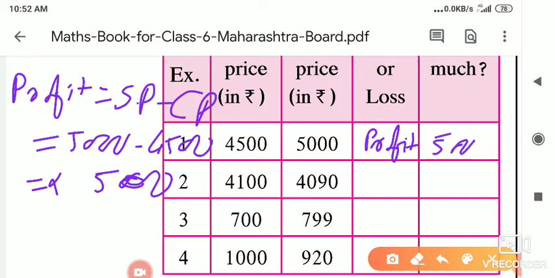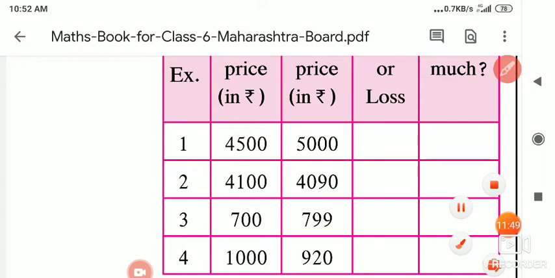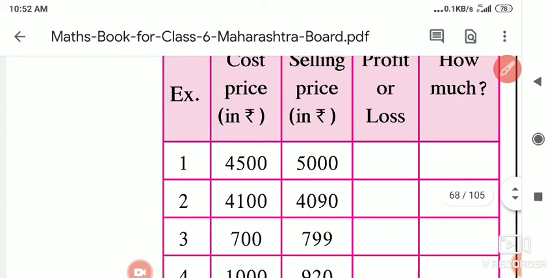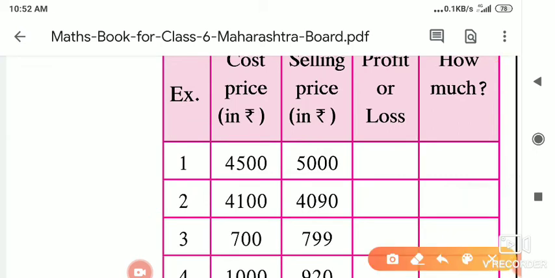Okay, in this way we have to solve this box. Now we will see the next example. In the second example, CP is equal to 4,100 rupees, and SP is equal to 4,090.